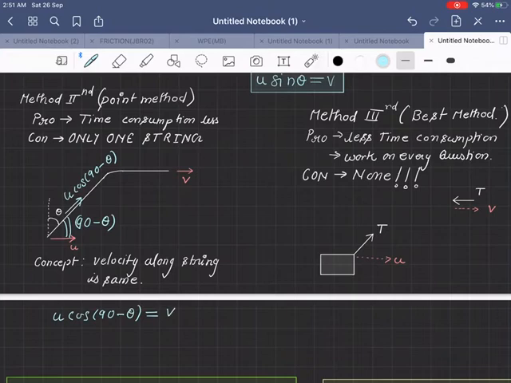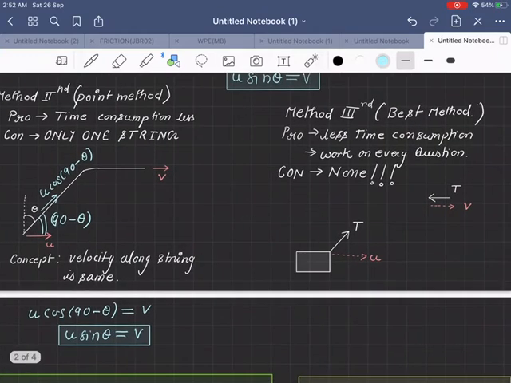Luckily we don't have to take any component for v, because it is already in the direction of the string. So there we go, and you get the answer. Now you can see why it is called less time consuming, because it is done in just two lines.